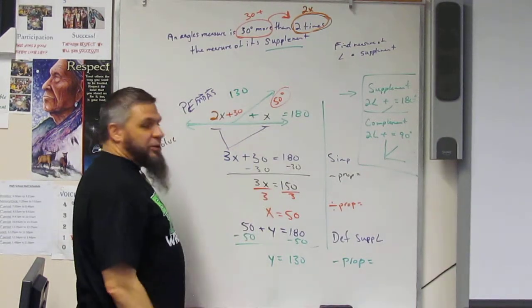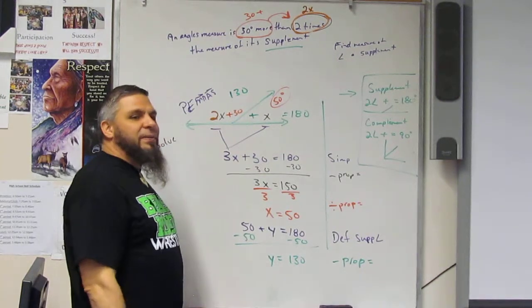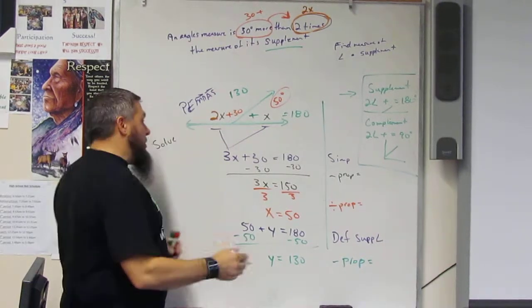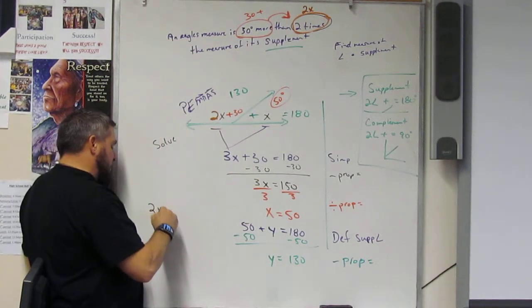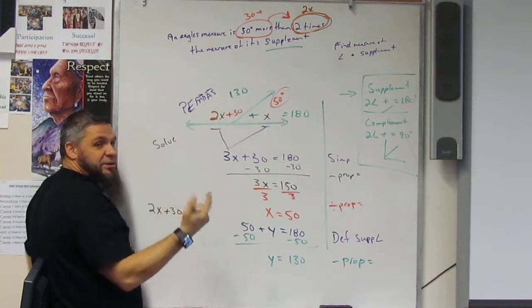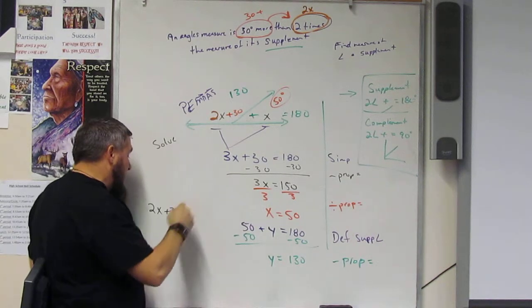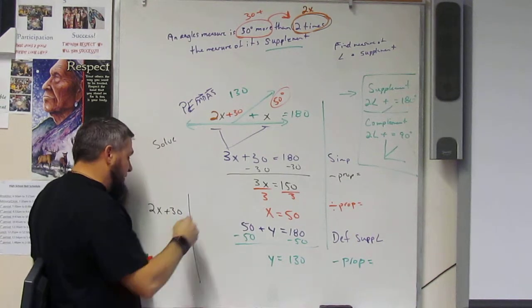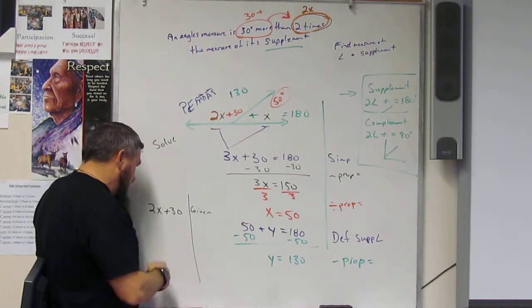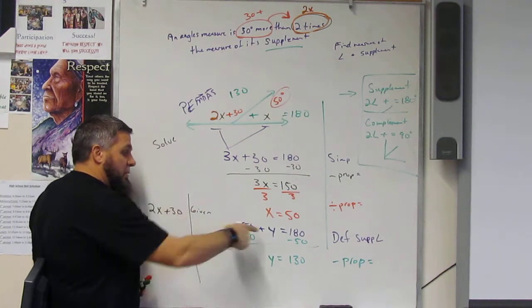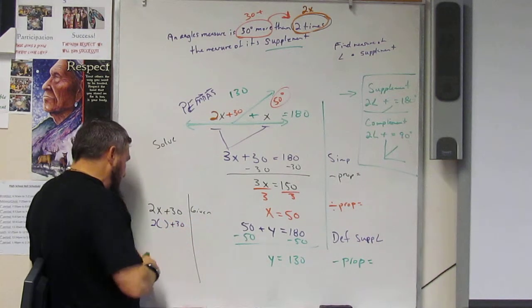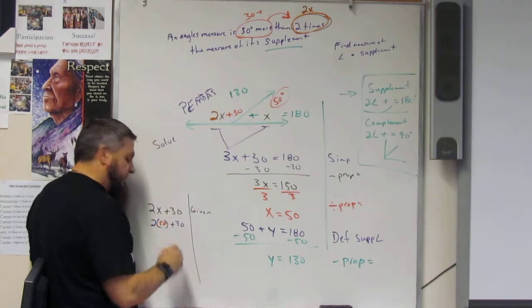Now, is there another way we could have solved that instead of just assigning a new variable? Yes, there is, right? We could have said that 2x plus 30 was equal to this other side. And so all I had to do was, this is given, right? Because it tells us that. So what would I do? 2x plus 30, and I would plug in 50.